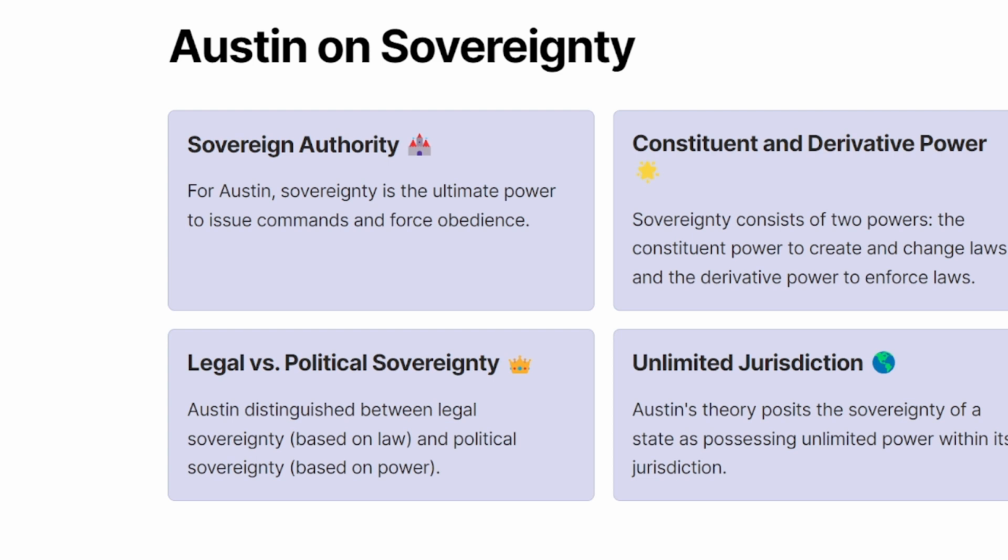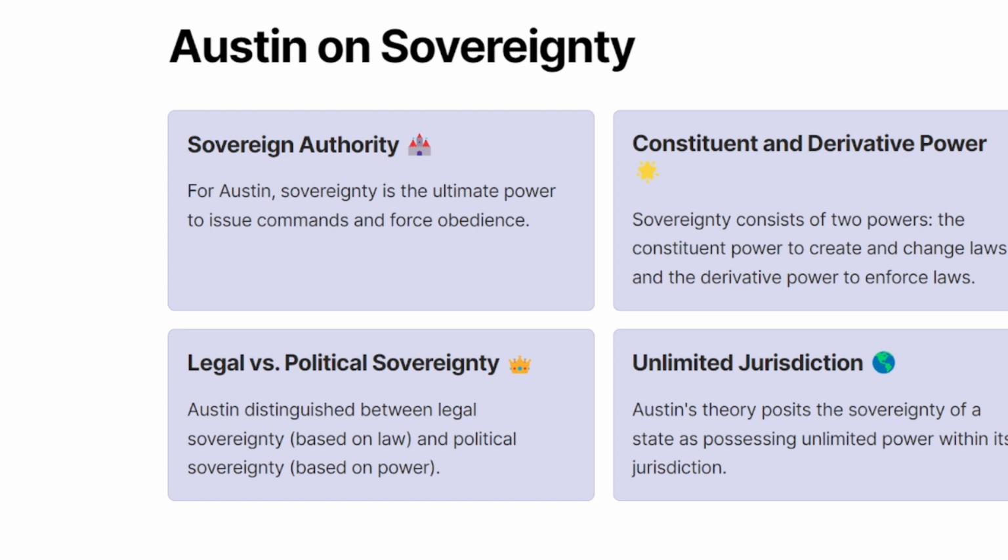It is written in the preamble of the Constitution of the United States of America, "We, the people of the United States of America," which means that people are sovereign, people have the ultimate authority, not the government, not the rulers. But in the case of Austin's theory, the ruler is the ultimate sovereign, the ruler has the ultimate authority.